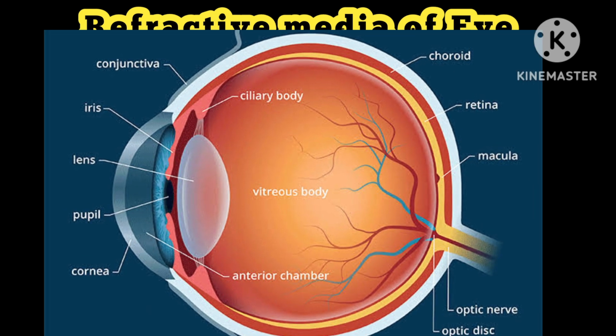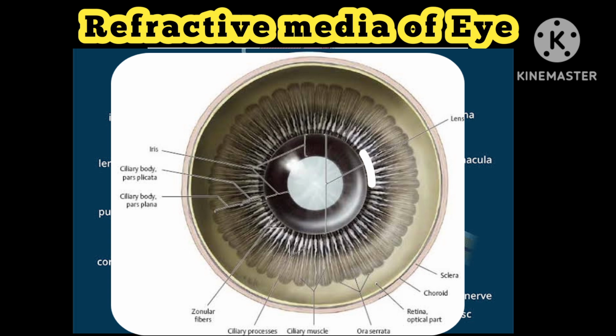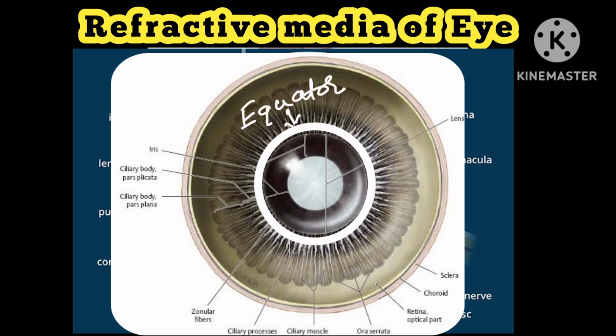Now we'll see about the lens. The lens is a transparent biconvex flexible body that intervenes between the iris in front and the vitreous body behind. It presents anterior and posterior surfaces separated by a rounded border, the equator.